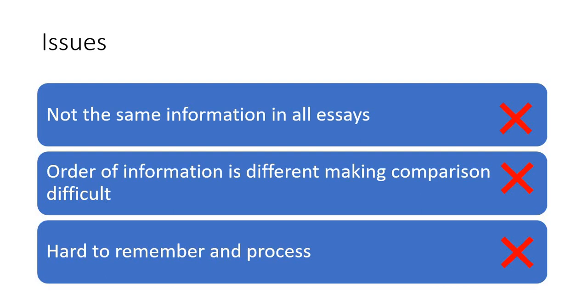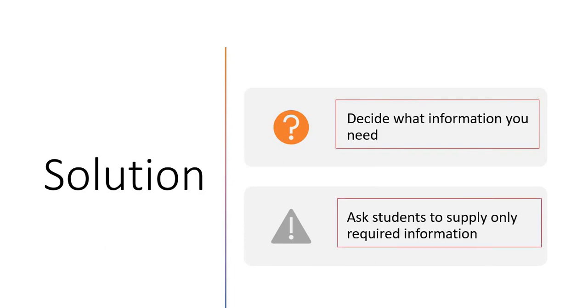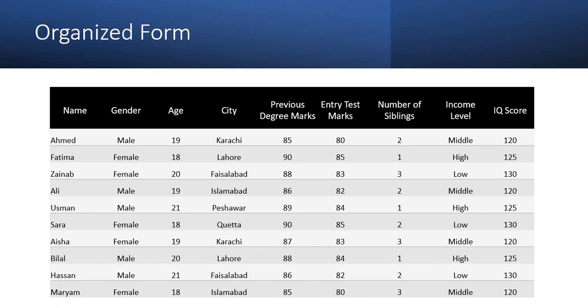So these are some of the issues involved in getting information in an essay form. So, what is the solution? The solution is to first decide what information you need and then ask students to supply only the required information. Let's see how that is done.